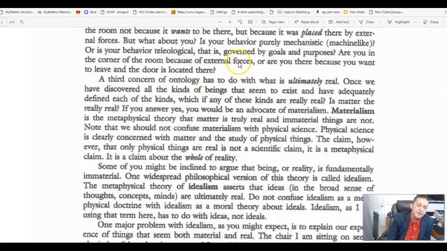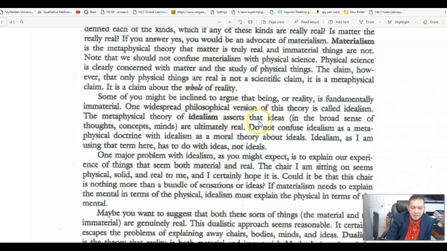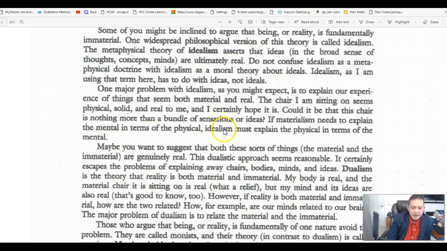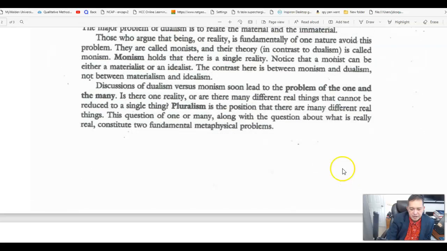Okay, now from here is the theories of metaphysics. So the first theory that we will learn is materialism. And materialism is a metaphysical theory that matter is truly real and immaterial things are not. Idealism asserts that ideas are ultimately real. Okay, so dualism is a theory of metaphysics that says reality is both material and immaterial.